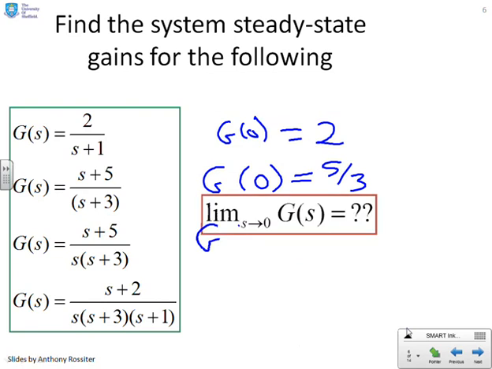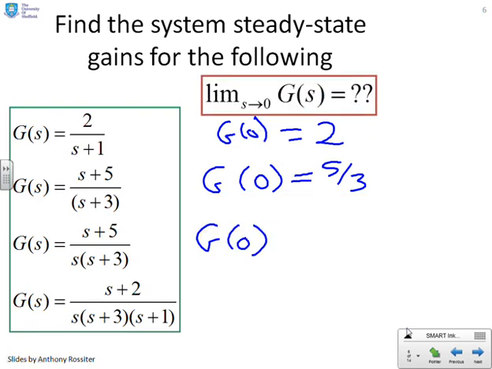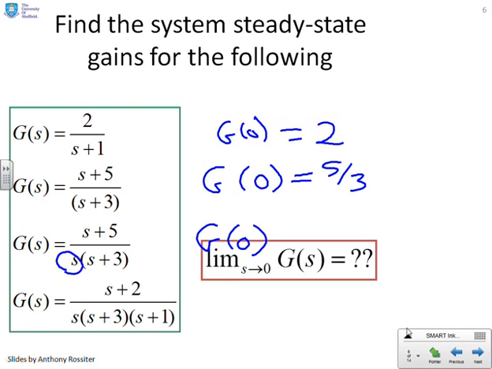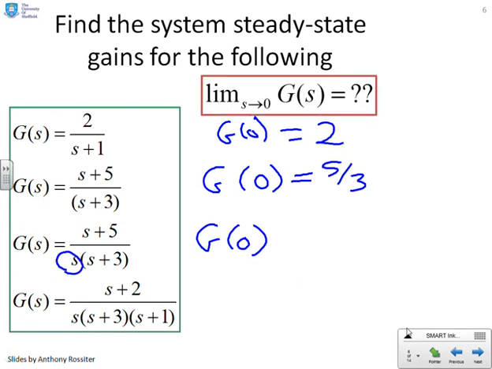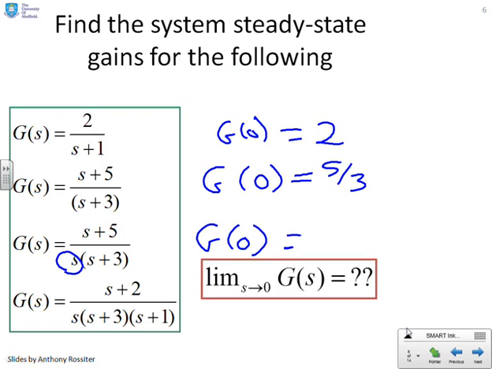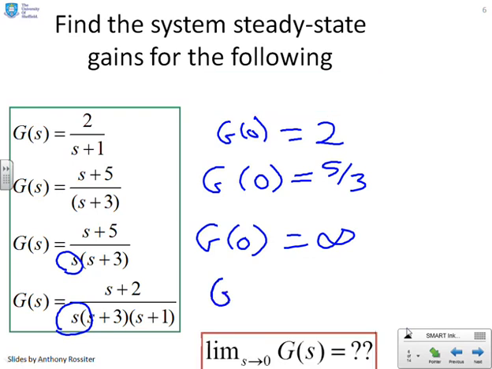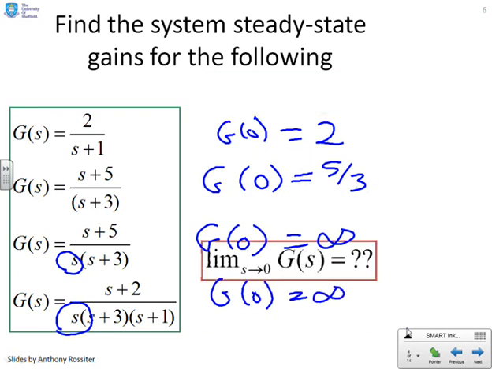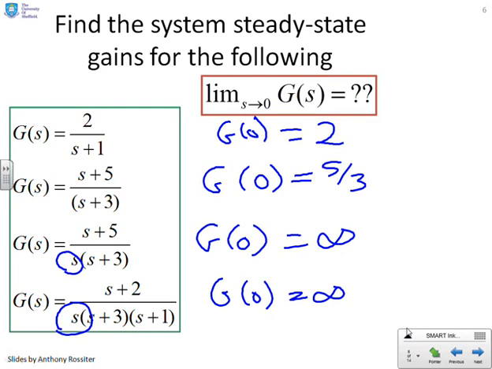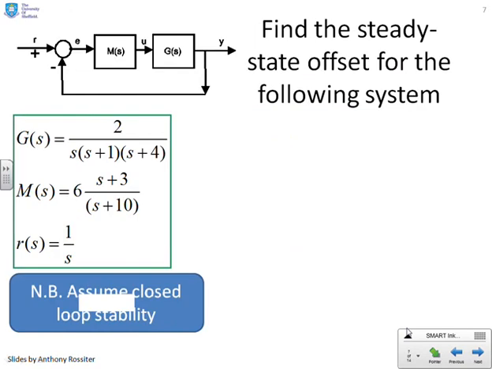And then in this case, you'll see that we've got an integrator in the process, or a pole at the origin, and therefore G(0) is going to be infinity. And finally, if you look at the one down here, we have an integrator in the system, so again G(0) = infinity. So this slide is simply to remind you that the only way you can get the limiting value as s goes to 0 of G(s) to be infinite is if you have a pole at the origin in that transfer function.